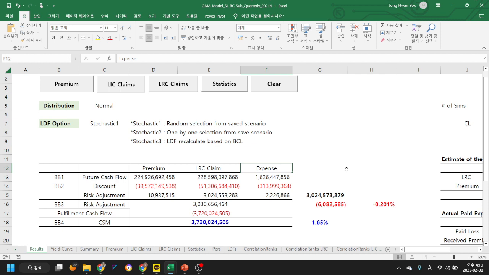So basically it is linked with the premium scenarios and claim scenarios, and I applied some proportion out of it to come up with the fulfillment cash flow. Later I'll show you the scenario, but right now this is what I'm trying to get, an estimate of fulfillment cash flow to do the onerous test on initial recognition.